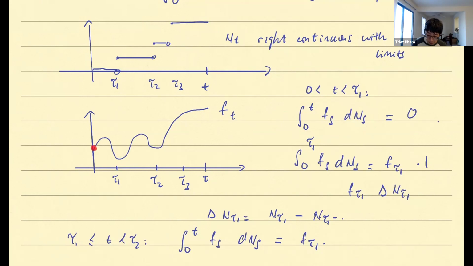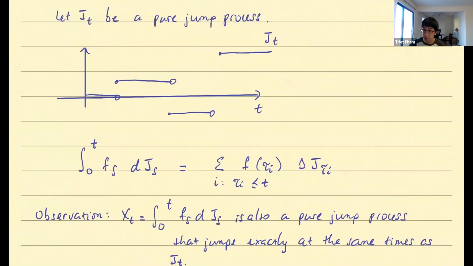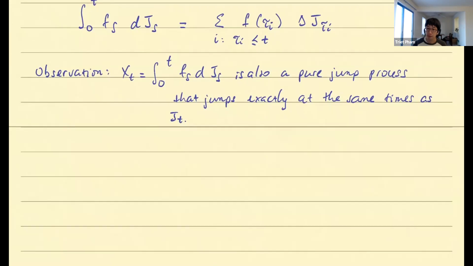If somehow f is negative at some of these points, then this new integral will be negative on the first jump, and positive on the second jump, for example. Jump size. Are we good? All right.